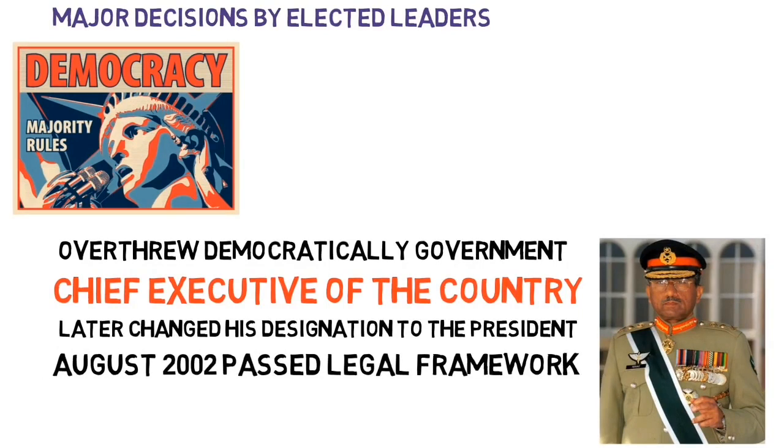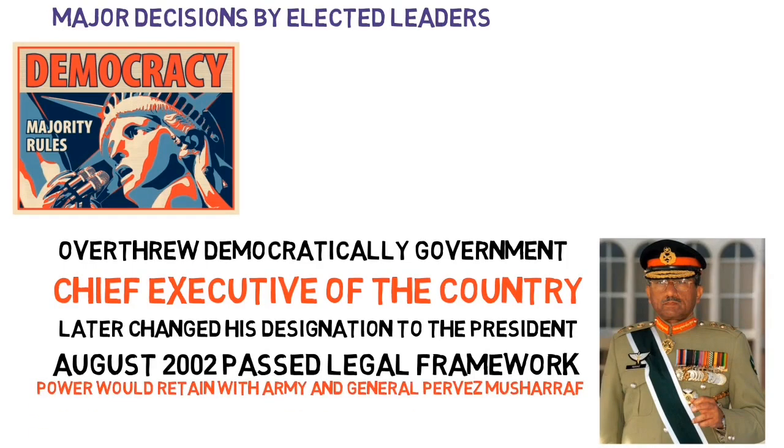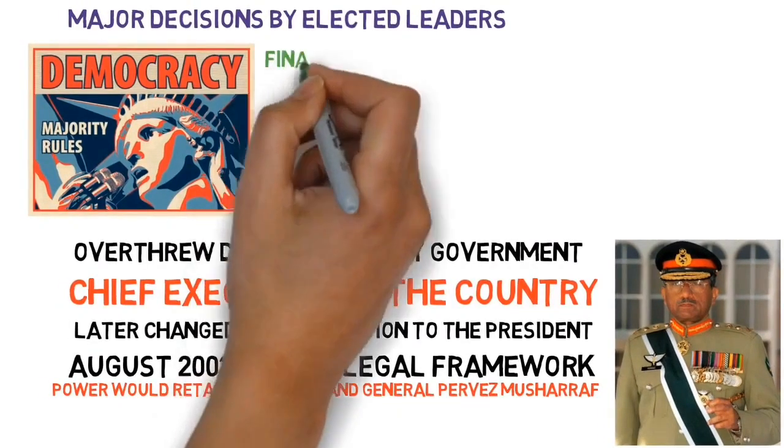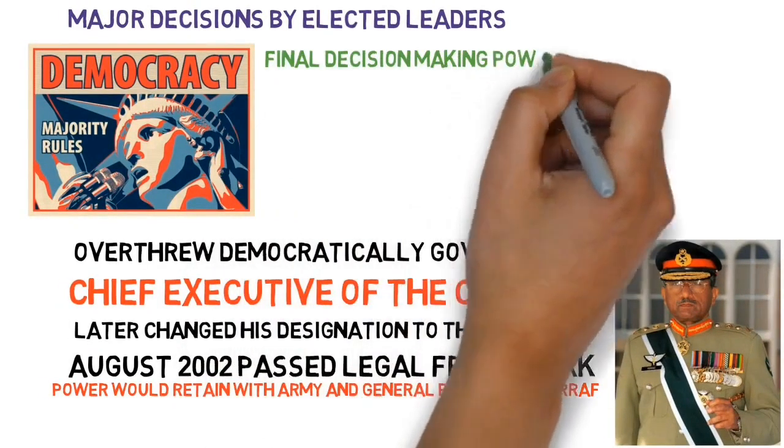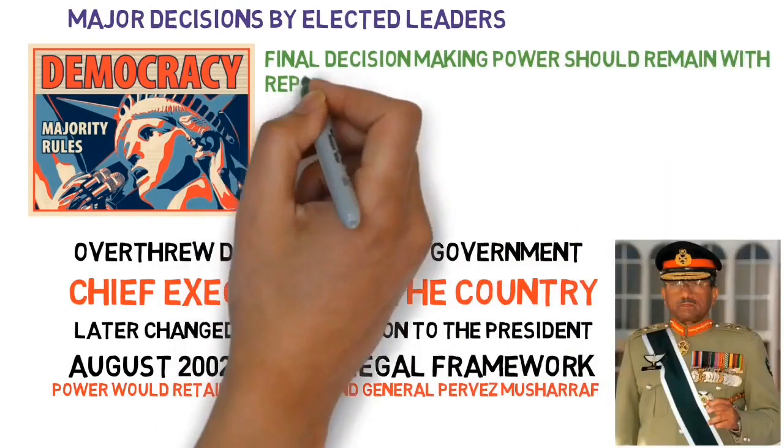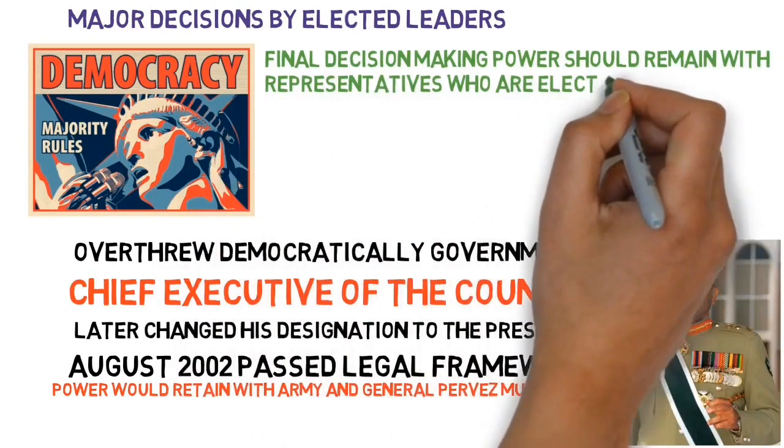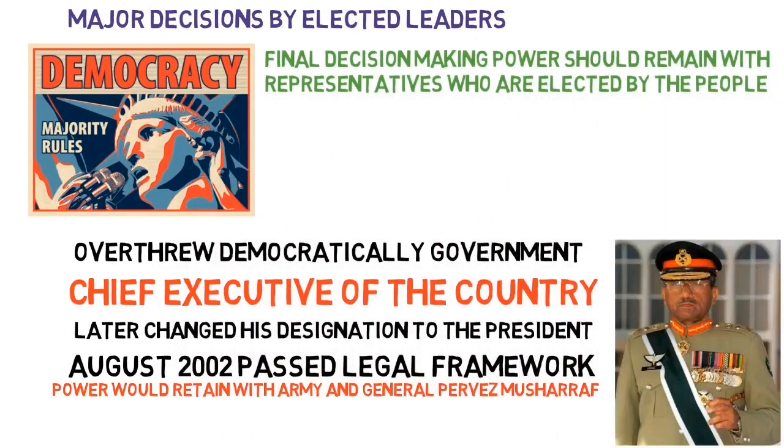In August 2002, he passed a legal framework. In spite of that, all the powers remained with Pervez Musharraf and his army. But our feature says that all the powers should be with the representatives who were elected by the people. This was our first feature.